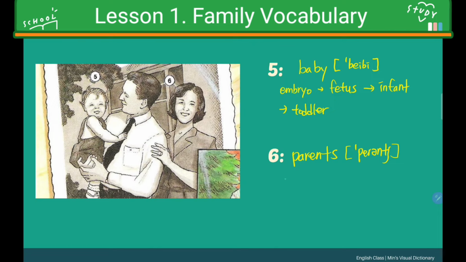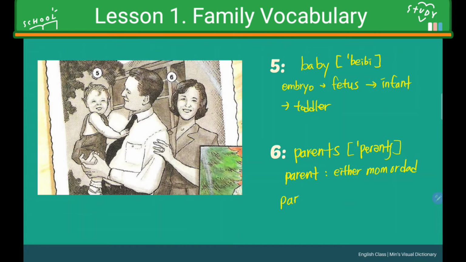Okay? And when you say the word parent, it refers to either the mom or dad. And we also use the word parenting a lot. Parenting means the way of raising a baby.